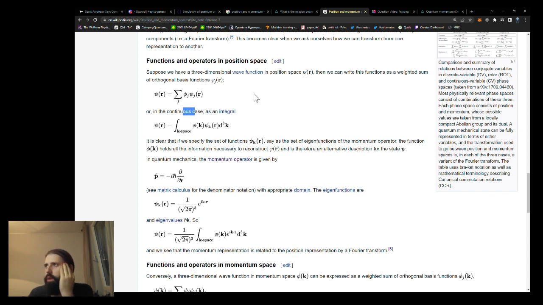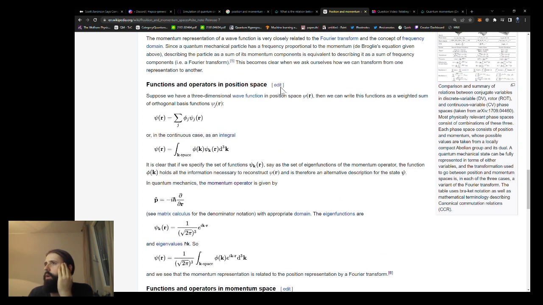So if I had a wave function, you can basically represent this wave function as a weighted sum of the orthogonal basis functions. And what we're saying is that if these are eigenfunctions, we say they are the eigenfunctions of the momentum operator.